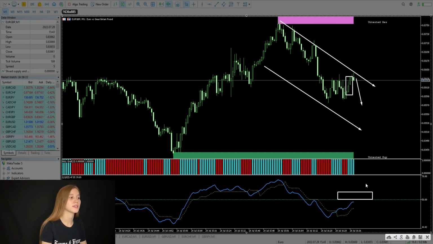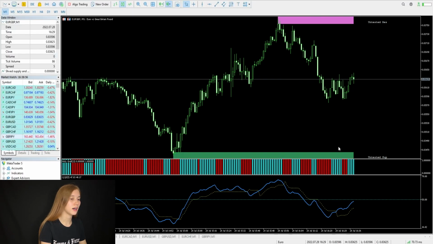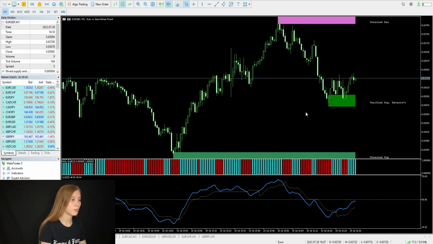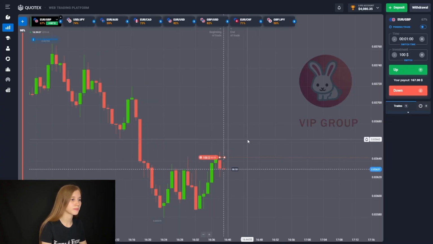And there was also no exit to the upper part, and therefore the movement will turn down again after this rollback. We opened the trade and another successful trade, perfect.